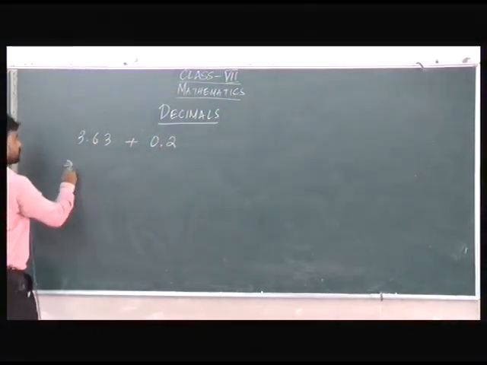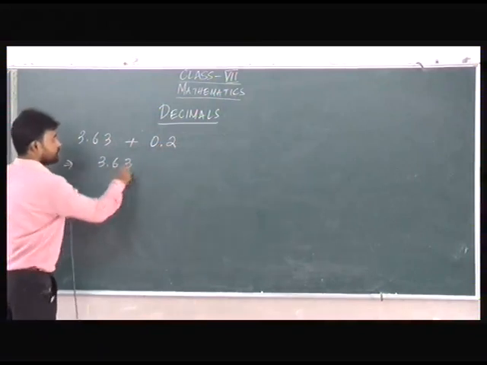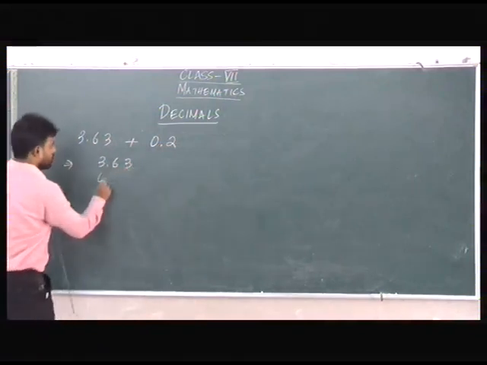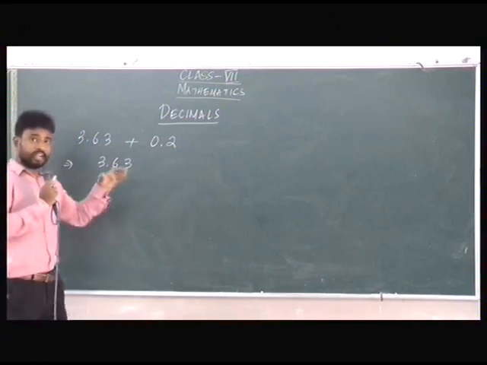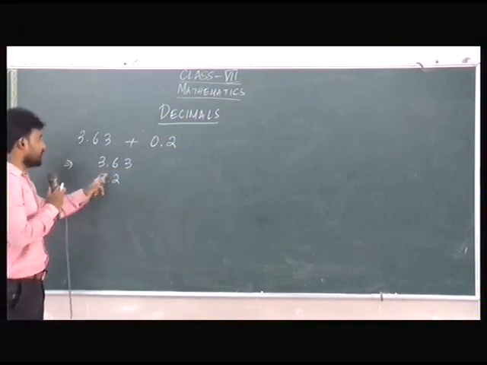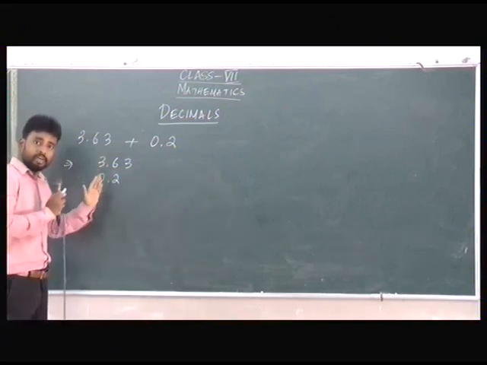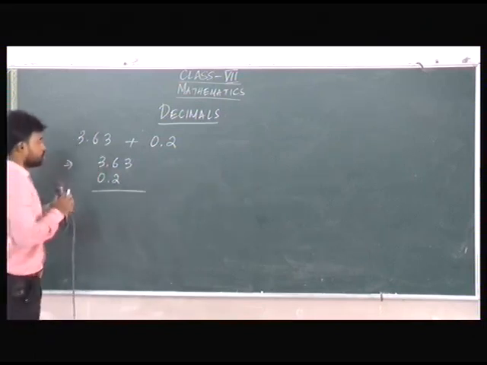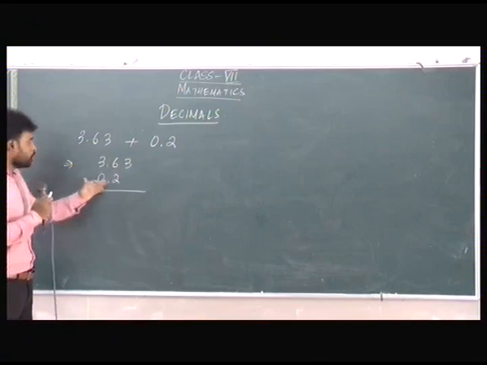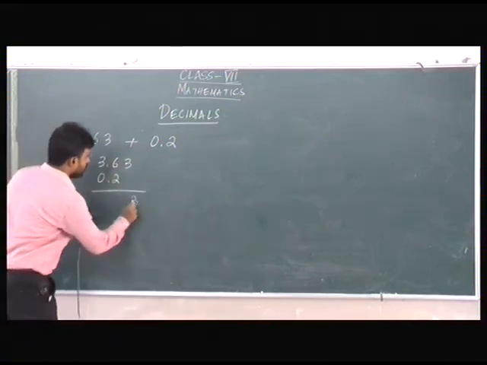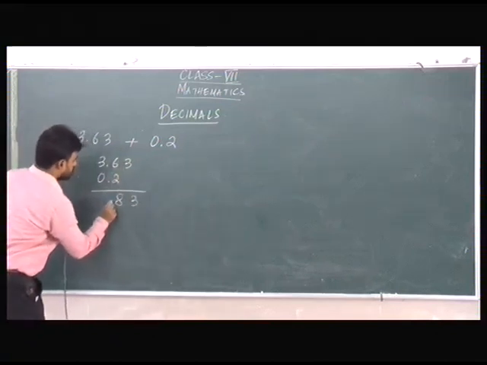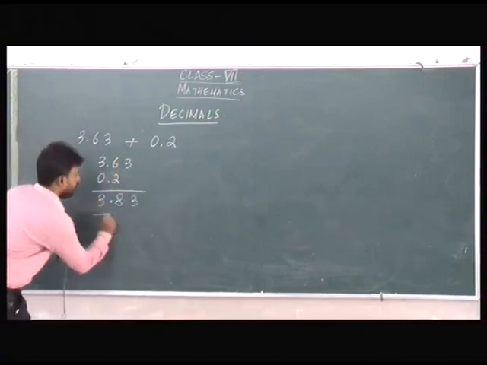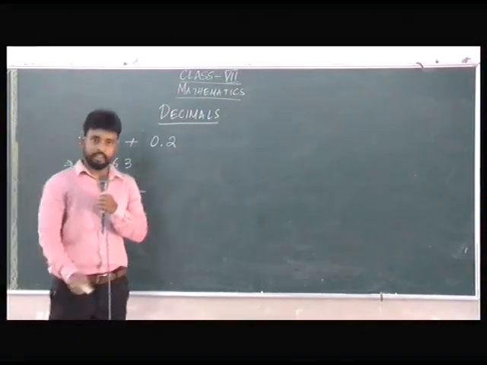So what we'll do is, we'll write 0.2. Now always write numbers in such a way that the decimals are in the same vertical line. So I've written 3.63 and 0.2. So here we have 3. 6 plus 2 gives you 8. So the ultimate answer is 3.83.